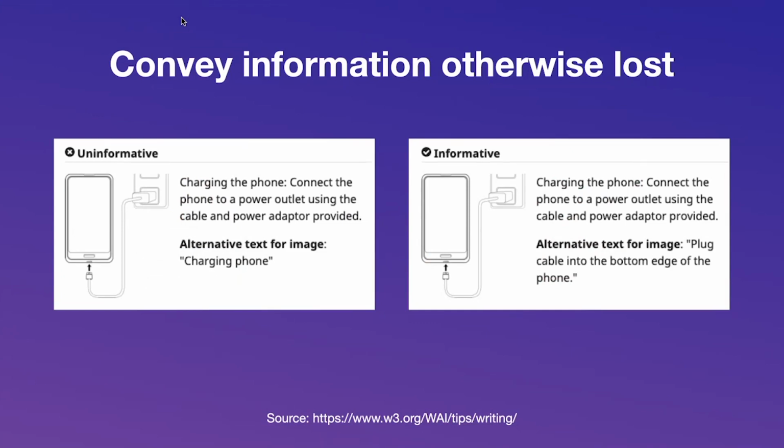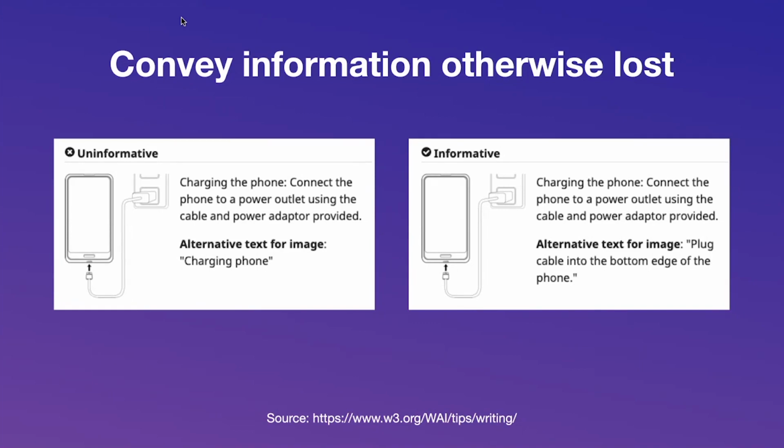This is a slightly more practical example where the absence of alt text is absolutely devastating to accessibility. So here you've got an example of instructions on how to charge a phone, right? And the image is actually showing you something that is not present in the text around it, right? So this image is showing you where to put the charger into the phone in order to actually charge it.